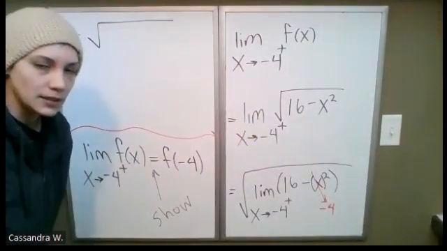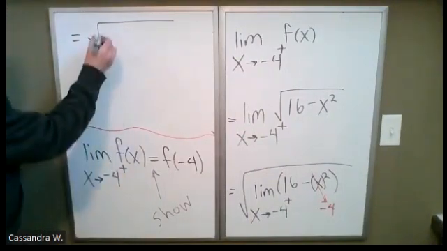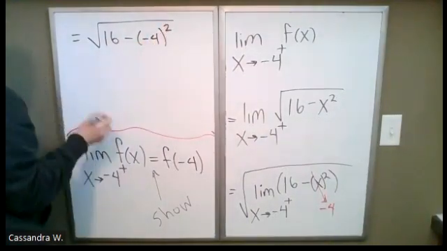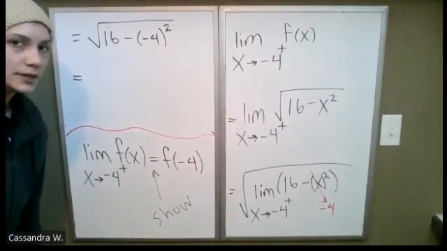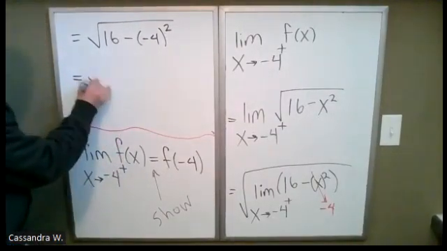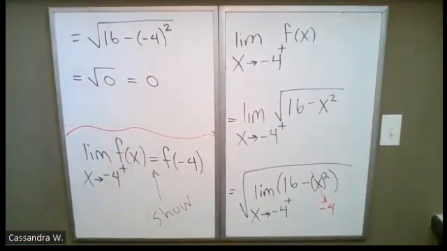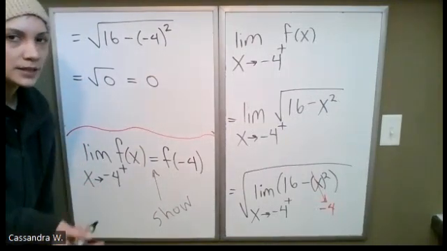So I have the root of 16 minus -4 squared. So it's the root of 0, which is 0. And that's what you would get if you put -4 into the function.